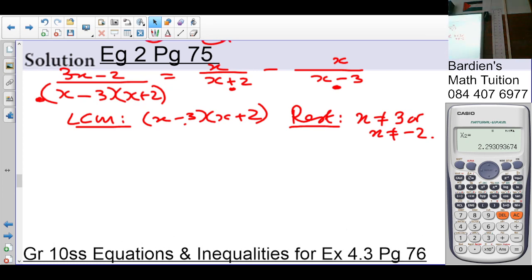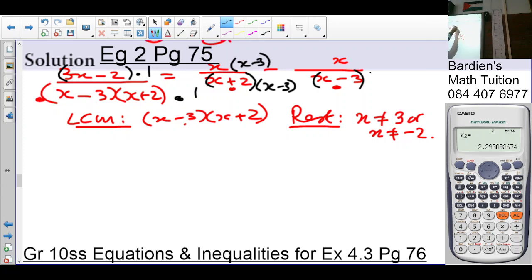Okay, so what must this denominator be multiplied by? 1. What must this denominator be multiplied by? Okay, can you see that, people? Why do I multiply the numerator as well? To get equivalent fractions. That's the reason why.